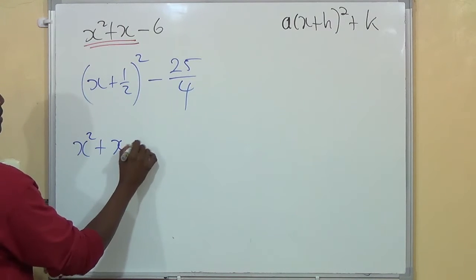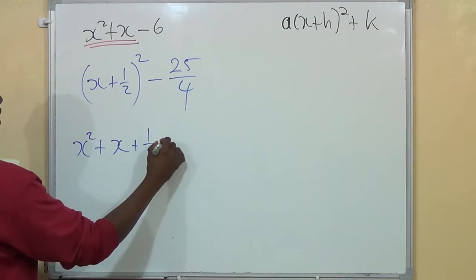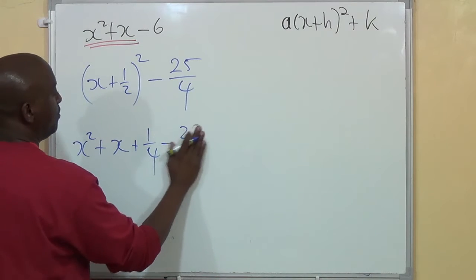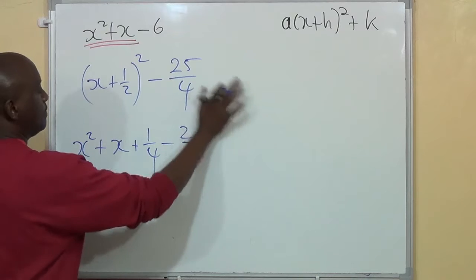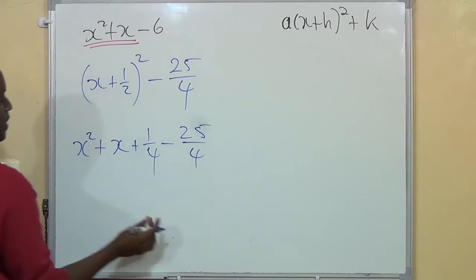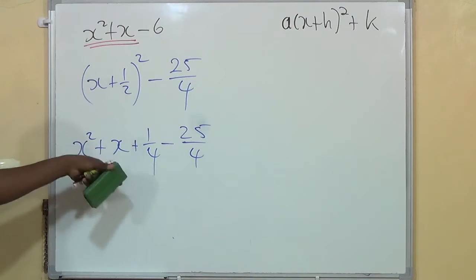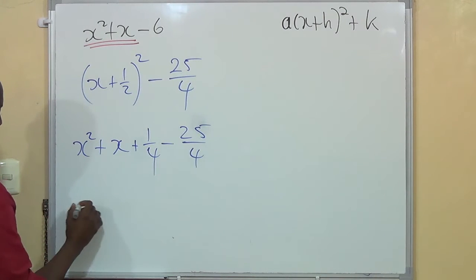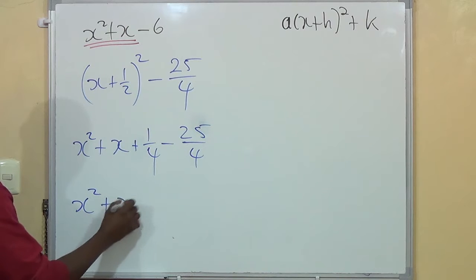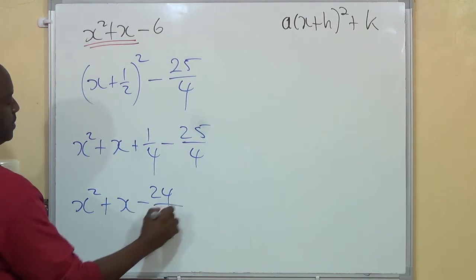Alright, this will be plus 1 over 4, and we minus 25 over 4 here. So this is what we will get when we expand this. And of course, 1 over 4 minus 25 over 4 will be x squared plus x minus 24 over 4.